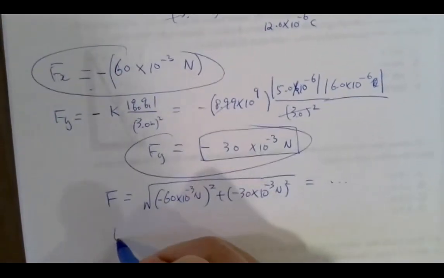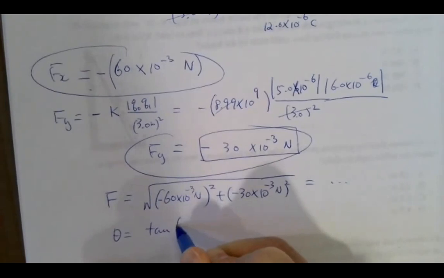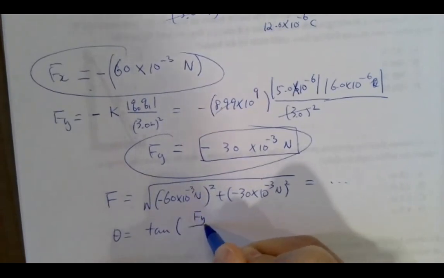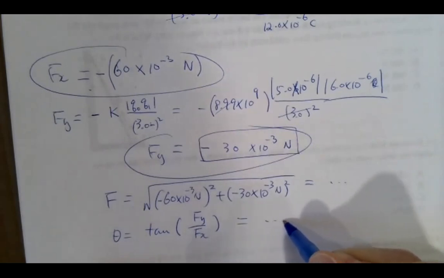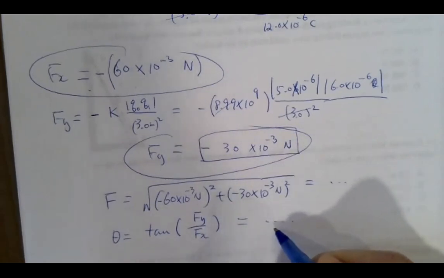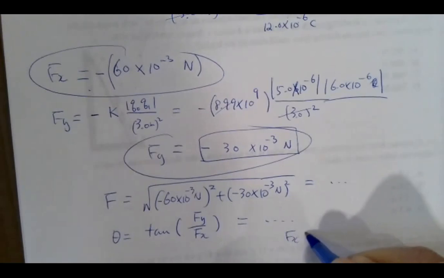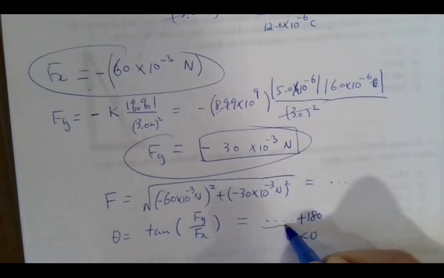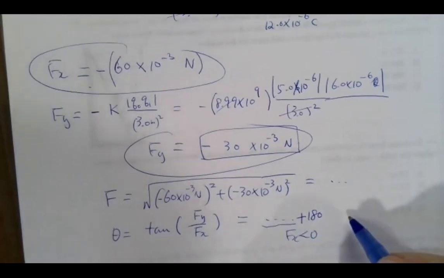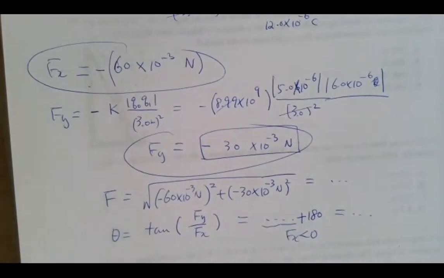Directional angle should be tangent inverse of Fy over Fx. You can take those two numbers in. Your calculator will tell you a number, but because your Fx is less than 0, remember that, then you would add 180 degrees to whatever the calculator tells you, to be your directional angle.